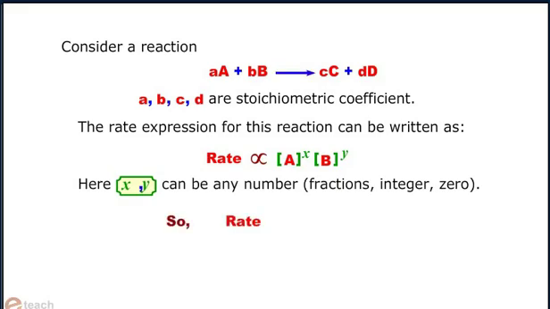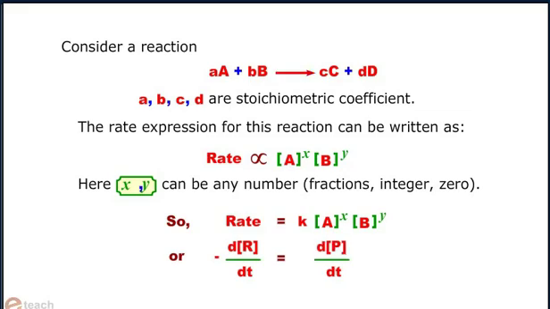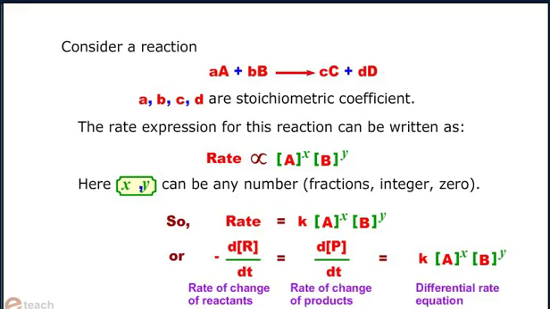So, rate of a reaction is given by k times concentration of A to the power x multiplied by concentration of B to the power y. Rate of decrease of reactants is equal to rate of increment of products, which is equal to k[A]^x[B]^y.